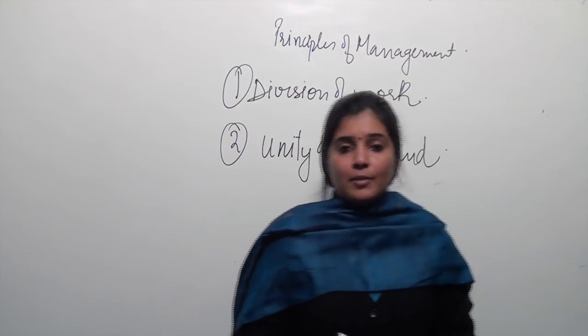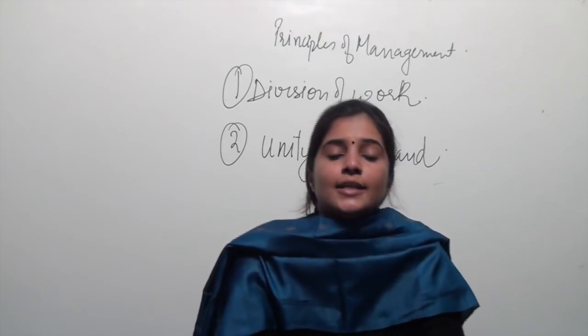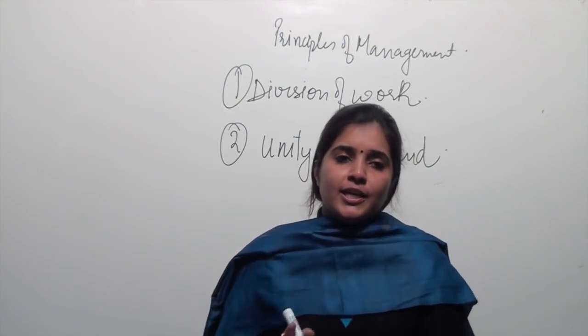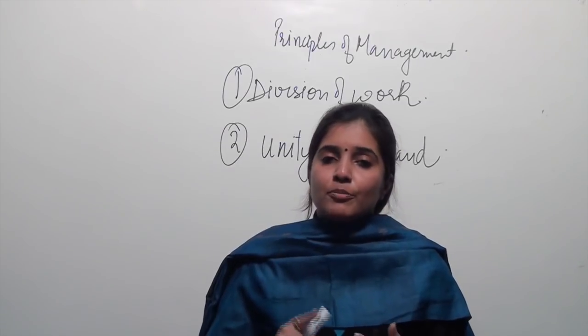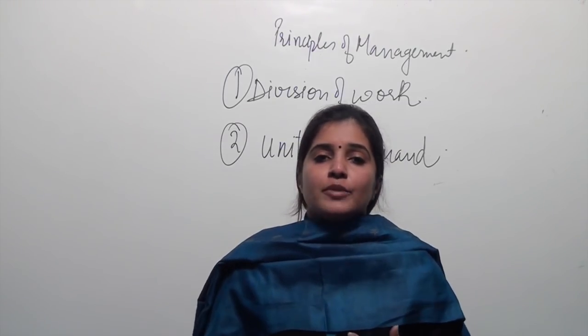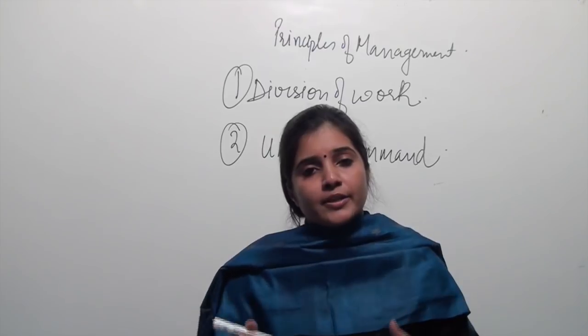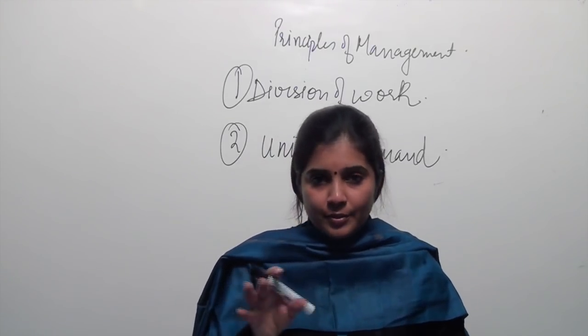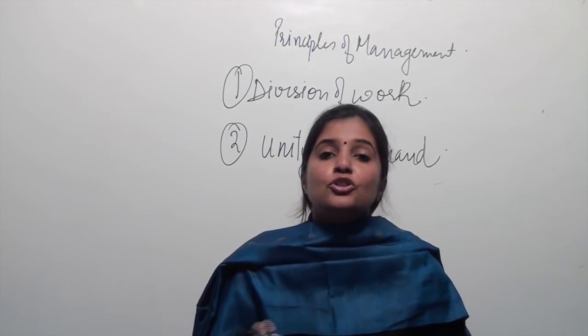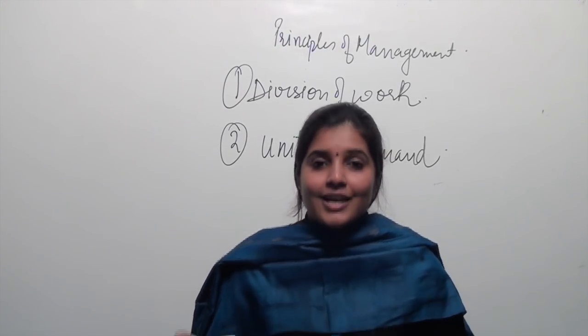Unity of command. Now, how would you like it that if in one period only, your English teacher, your maths teacher, your accountancy teacher, your business studies teacher, and your economics teacher, all of them, they come together at the same time and they start teaching you? Will you be able to decipher anything out of it? No. Right?